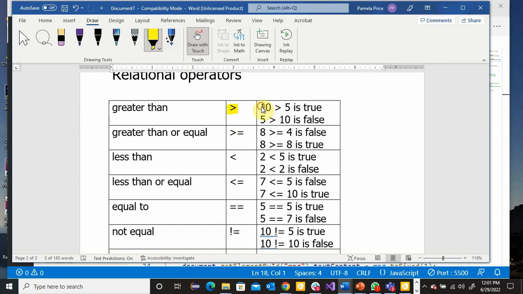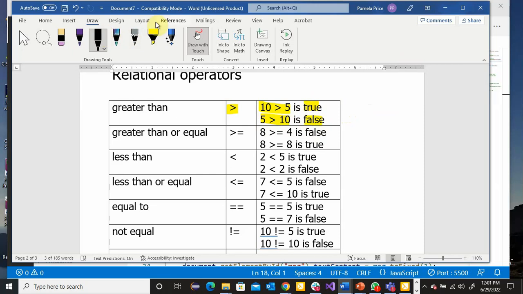So 10 greater than 5 is a Boolean expression, because that expression has an answer which is either true or false. So 10 greater than 5 is true. But if I have 5 greater than 10, the result of that expression is false, right?